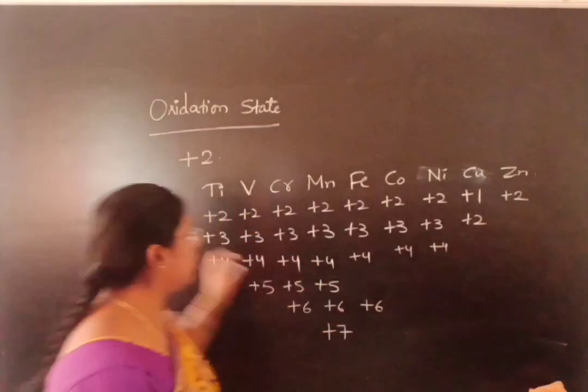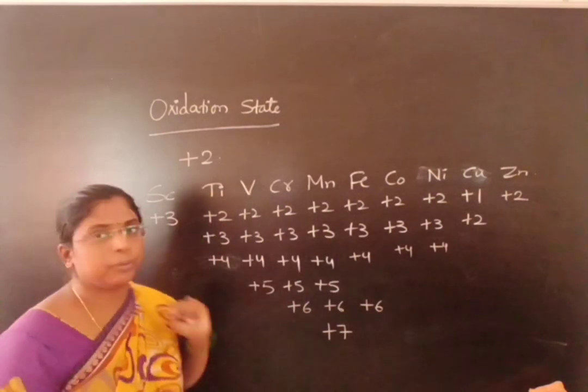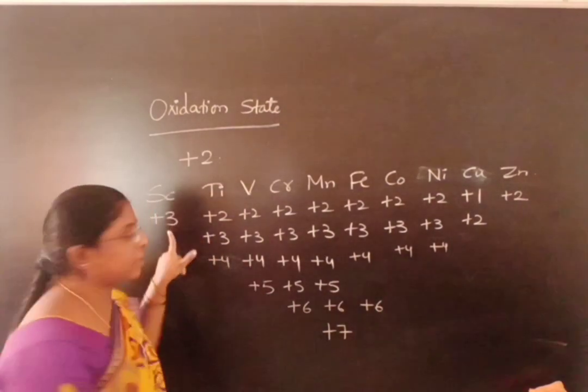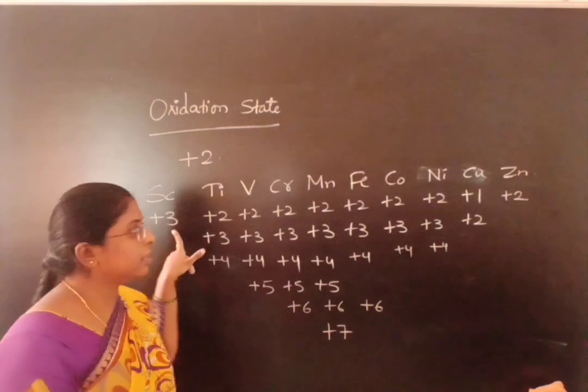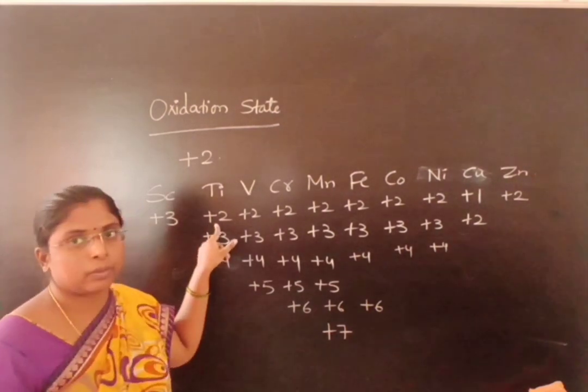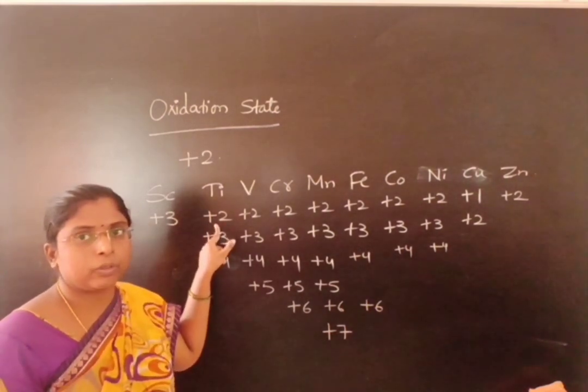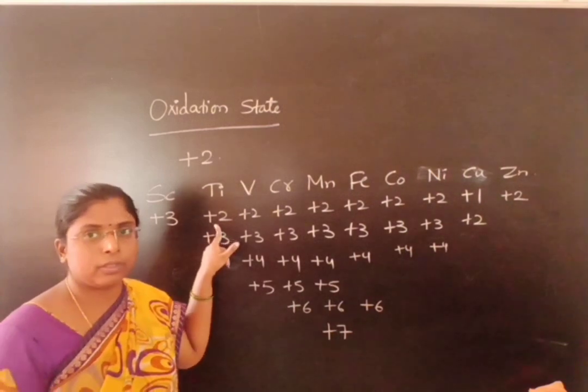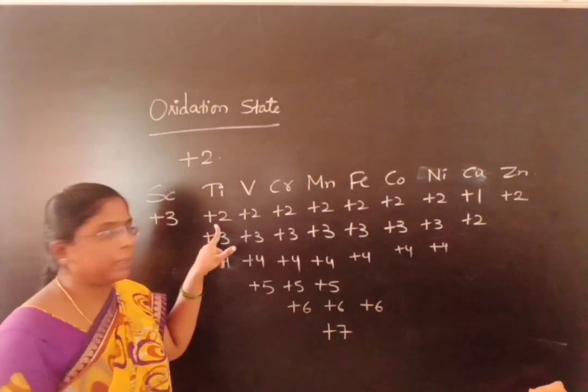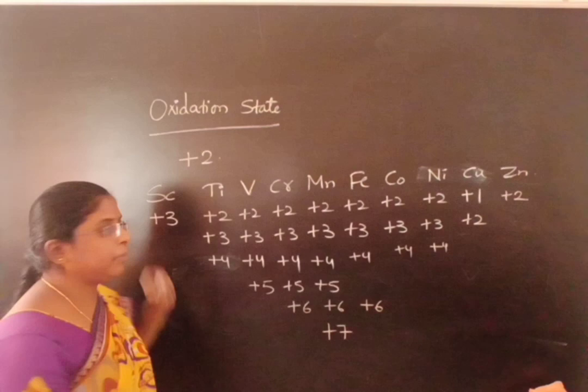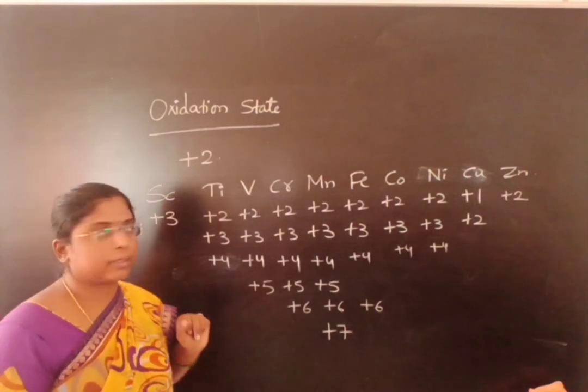If you see the oxidation states from scandium to zinc, except scandium, all these elements exhibit +2 as an oxidation state. Hence, the common oxidation state for the first row transition elements is +2. Scandium exhibits only +3 as its oxidation state.